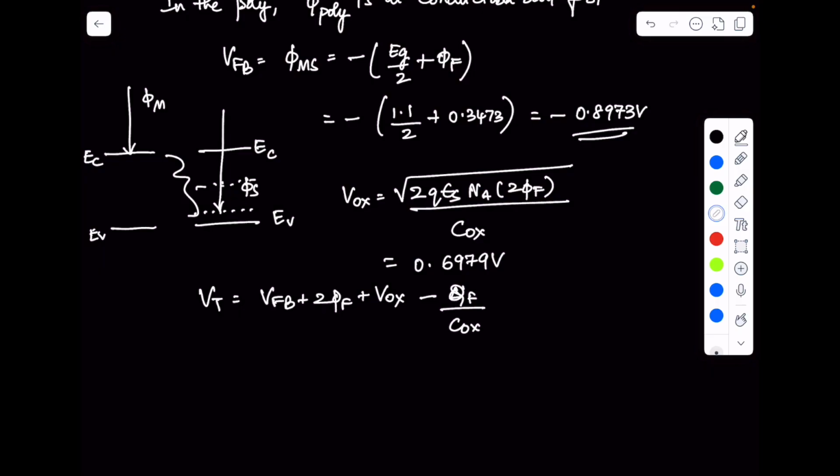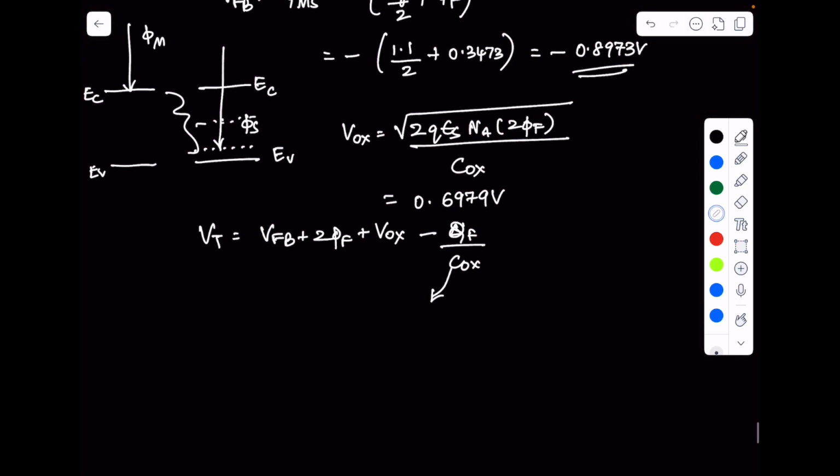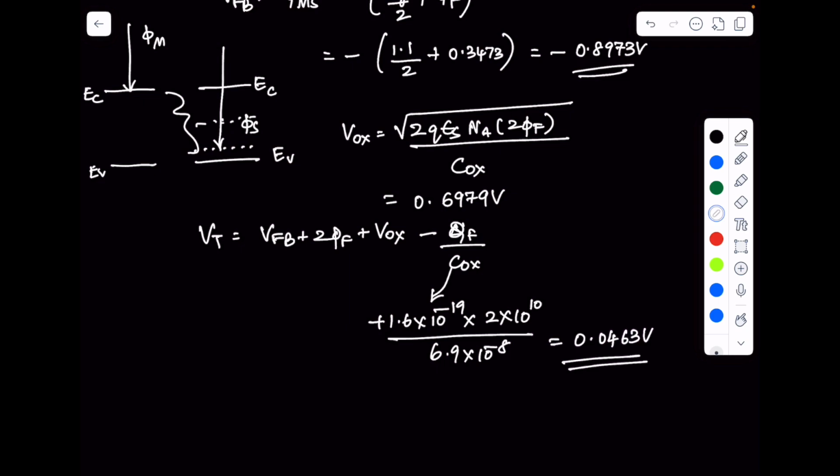Because that's going to impact my VFB. And this Qf by Cox is nothing but my 1.6 into 10 power minus 19 into the charge density, which is 2 into 10 power 10, divided by Cox, which is 6.9 into 10 power minus 8, and this works out to 0.0463 volts. So this is the change in VFB because of the fixed charge.